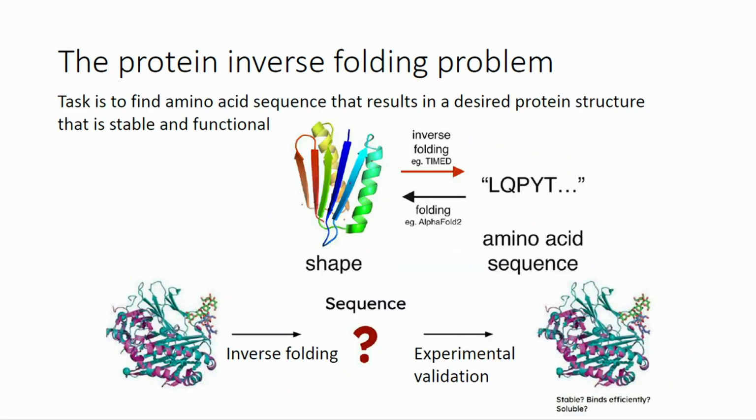So the problem of inverse folding is defined as finding the amino acid sequences that will result in the desired protein structure, which is the inverse process of the folding operation, which folds an unstructured random peptide into a 3D conformation. And a lot of the time what we look for in inverse folding is also finding a protein sequence that is more desirable.